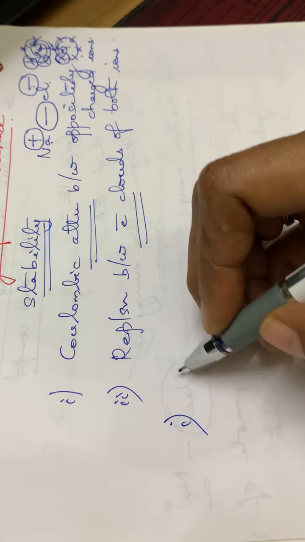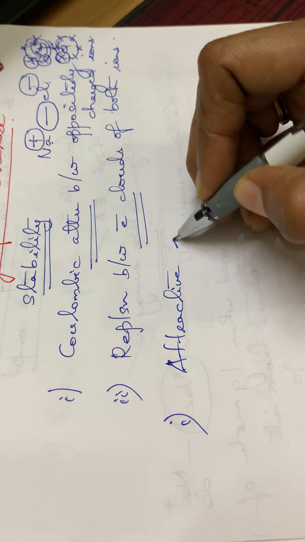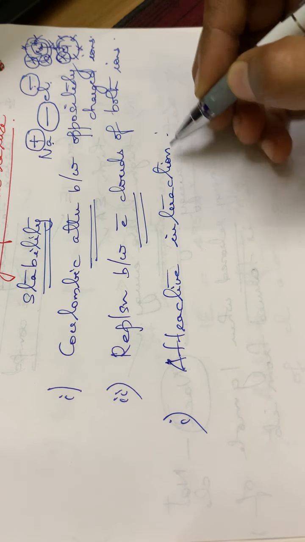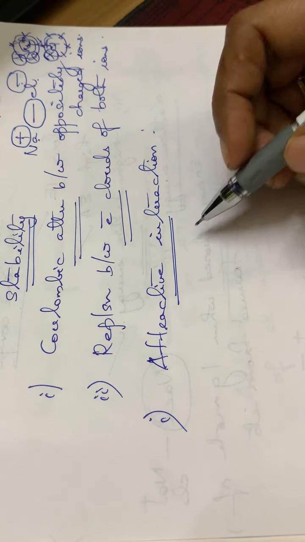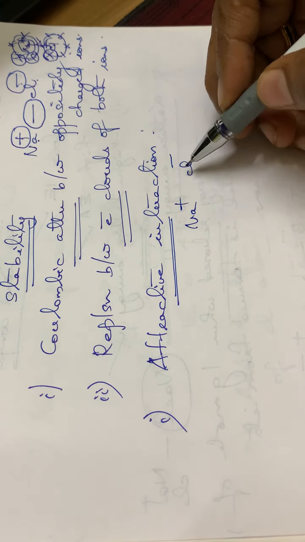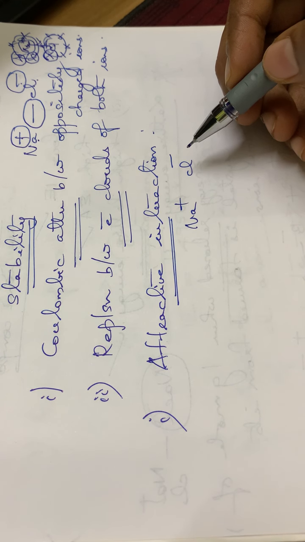First, we can see the attractive interaction. Attraction means, for example, if we are taking Na plus and Cl minus, they are oppositely charged ions, and these oppositely charged ions will be attracting each other, isn't it?